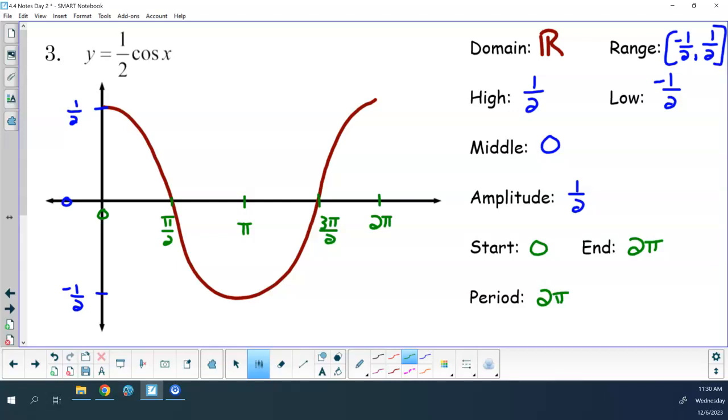We scared of fractions? Shouldn't be. As long as they're in the A value, it just changes what our amplitude is, but it can still be that.